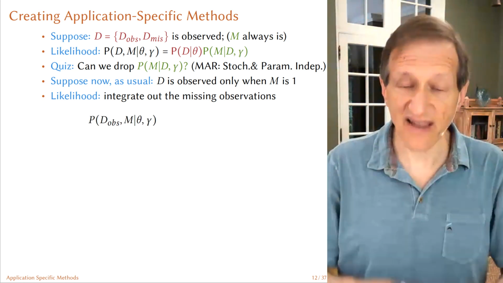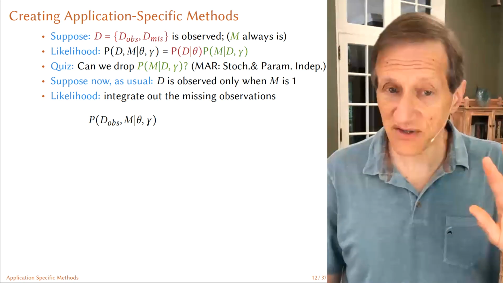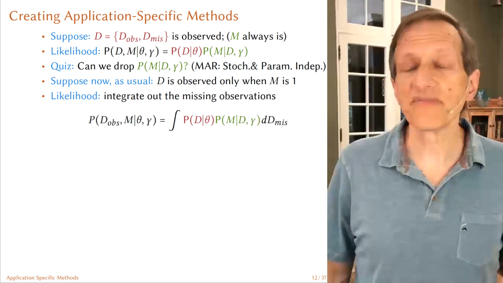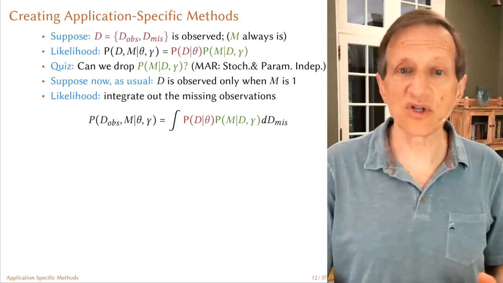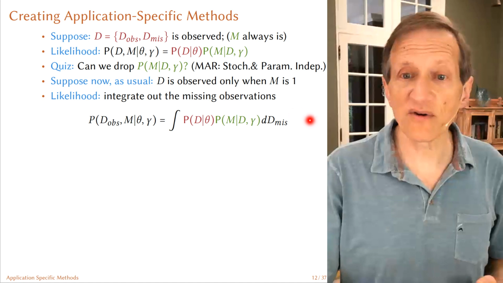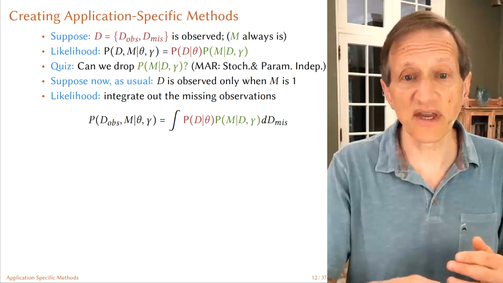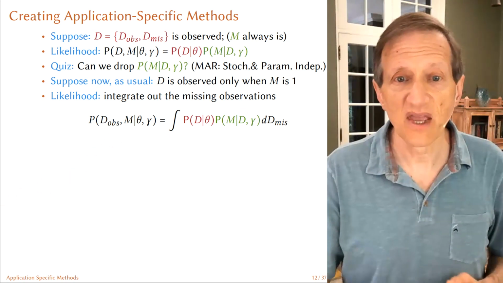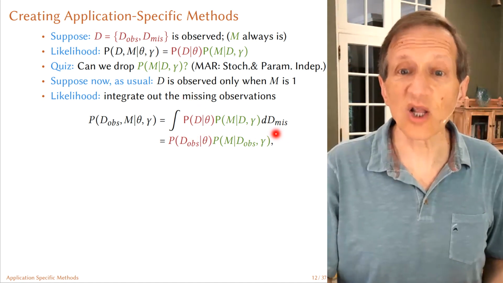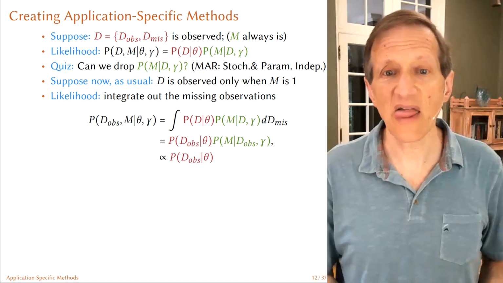So the likelihood is the distribution of D-obs, not D-miss, and not D and M. This is equal to the same distribution that was factored over here, integrated over the D-miss. So you basically just collapse over the dimensions that we don't see, and then we get the thing on the left-hand side here. So no problem. We can write down what this would look like if we could do the integration, and that's what it would look like. Great.